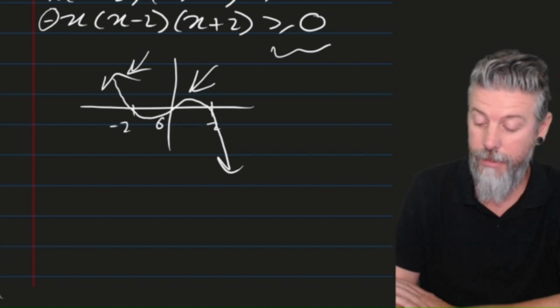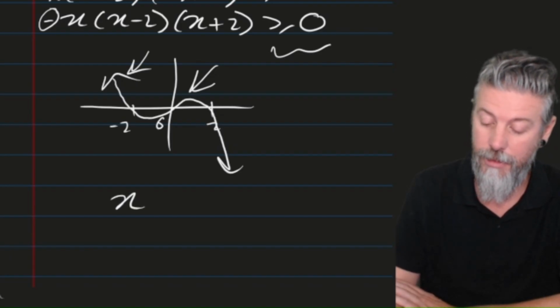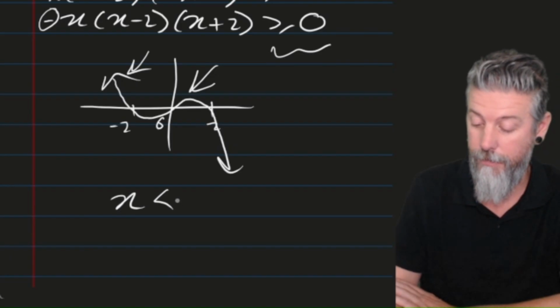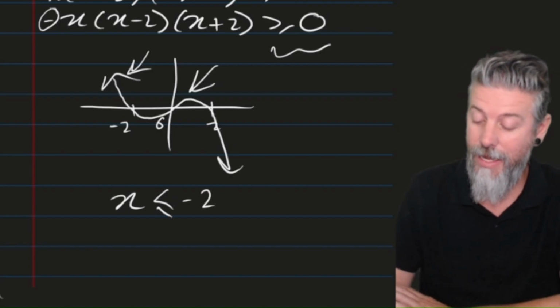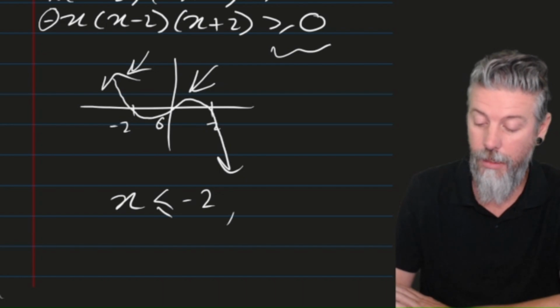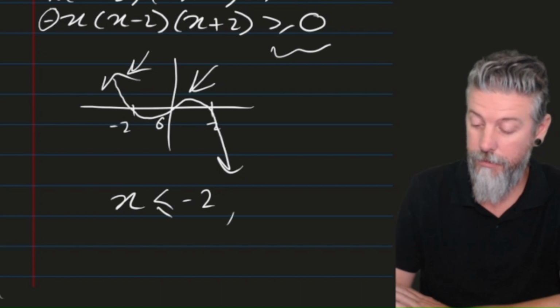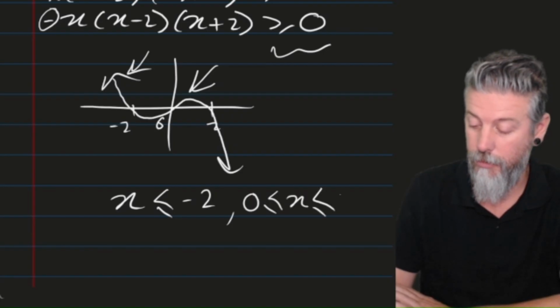So for x, we will be less than negative 2. Now I'll write less than or equal to for the moment, and 0 is less than x is less than or equal to 2.